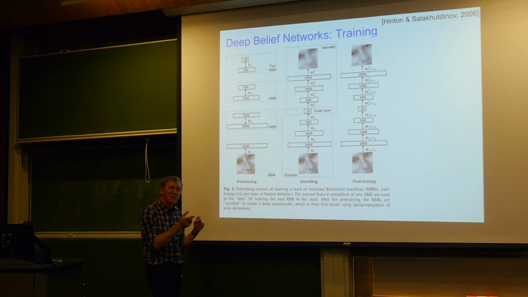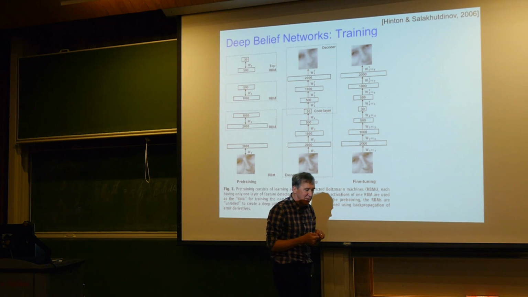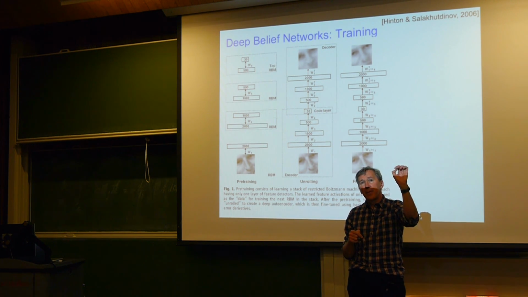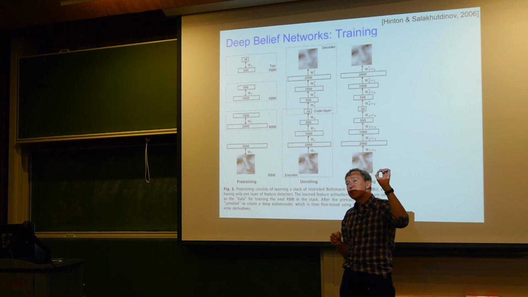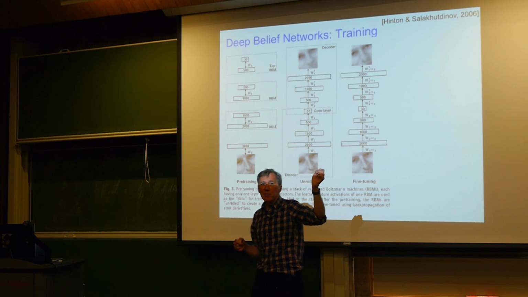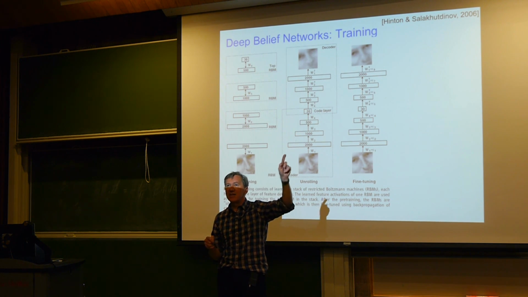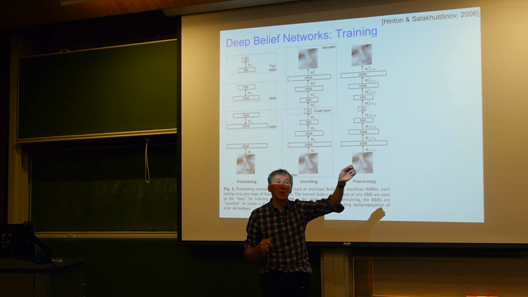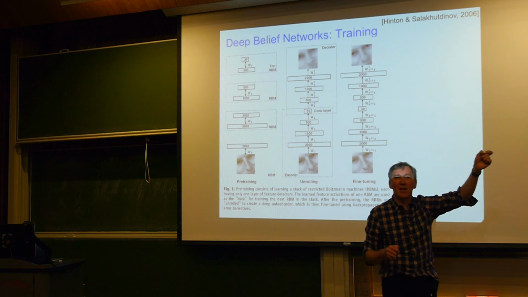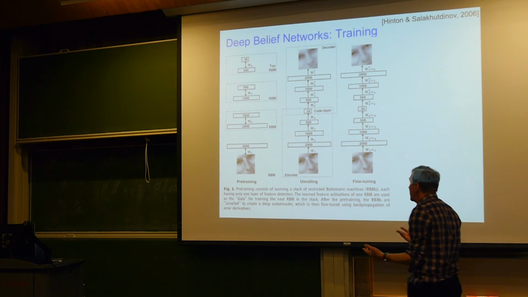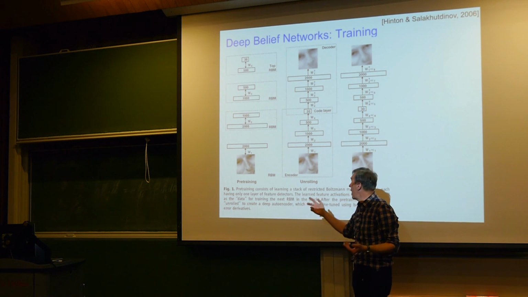But there's a very nice interpretation of restricted Boltzmann machines where you say each of those hidden units is actually a Boolean random variable. And the continuous value of that unit is actually the probability that that Boolean random variable has the value 1. And then we can think of these networks as actually capturing joint probability.